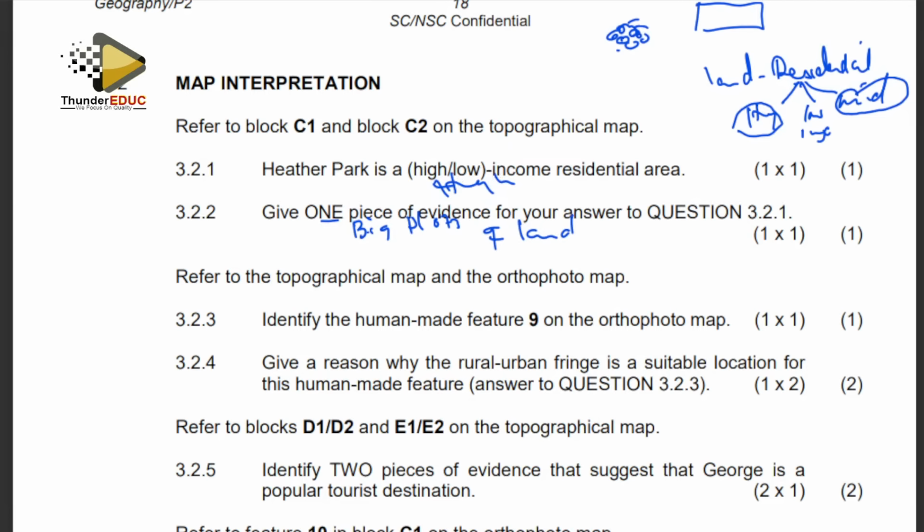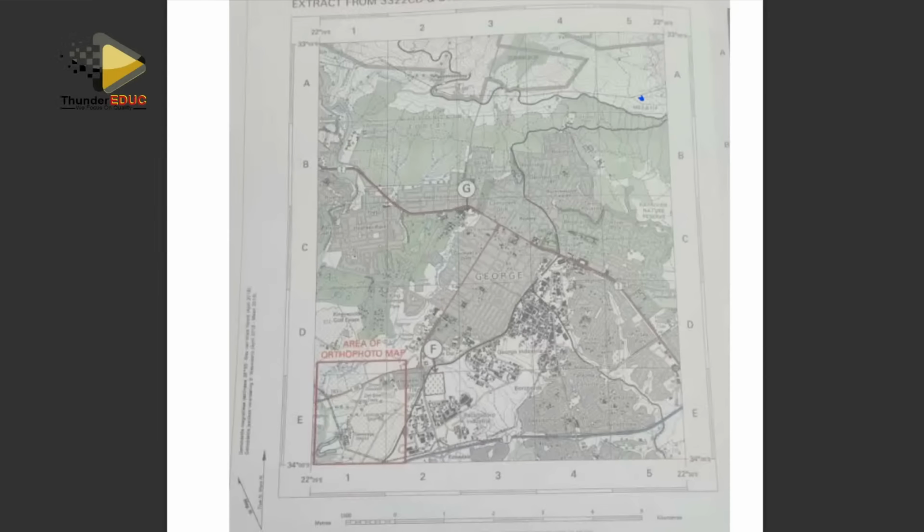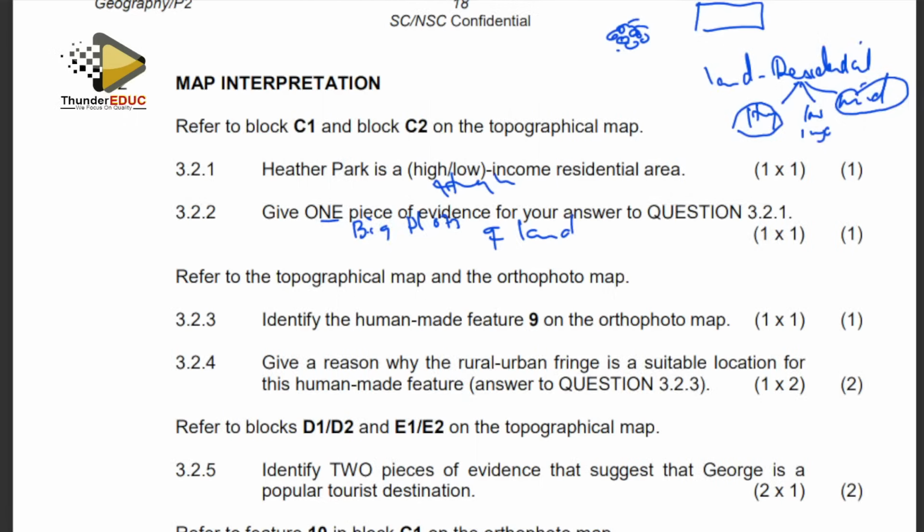When you look at it, let us go to the map and check again. What evidence do we have? We have got a golf course here. There's a golf course here. And that means it's high income earners, because rich people are normally the ones that play golf. You understand? Rich people like us, you understand that. So we get to understand that golf is a game for the rich.